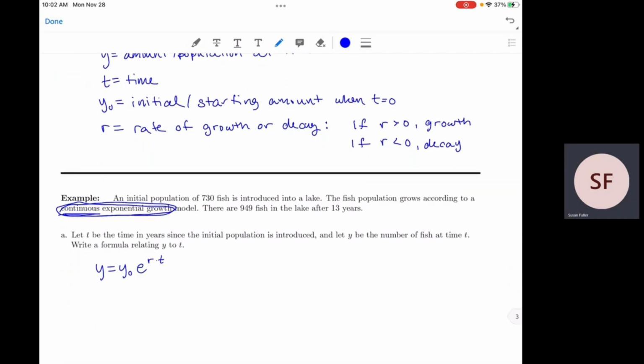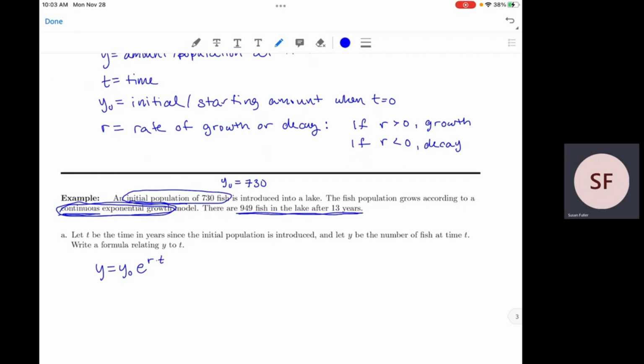We know that an initial population of 730 fish is introduced. The initial population of 730, because that's our initial or starting value, that means our y sub 0 is going to be 730. And then the only other information that we're given here is that there are 949 fish in the lake after 13 years.